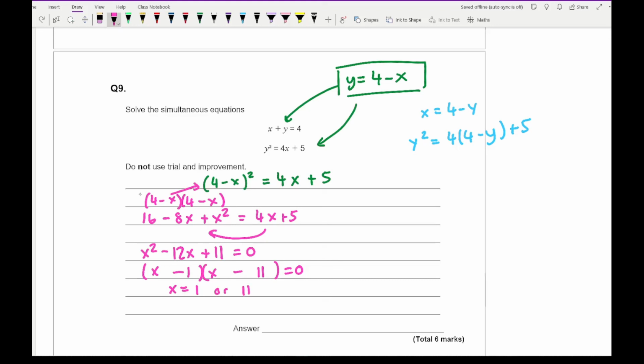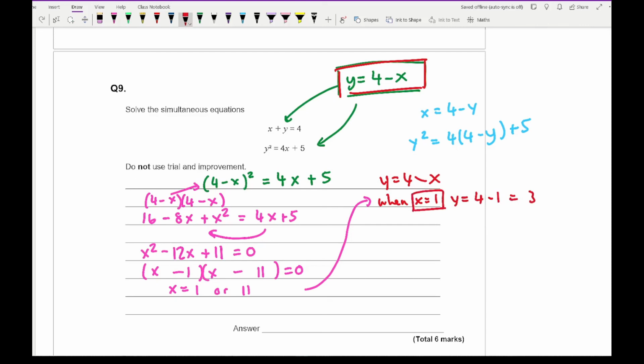So then using this, let's just go back, change colour. We've got x plus y. Well, let's go for the rearranged version. So let's go for that instead. So here we've got y equals 4 minus x. So here when x equals 1, then y equals 4 minus 1, which equals 3. So that's one coordinate.